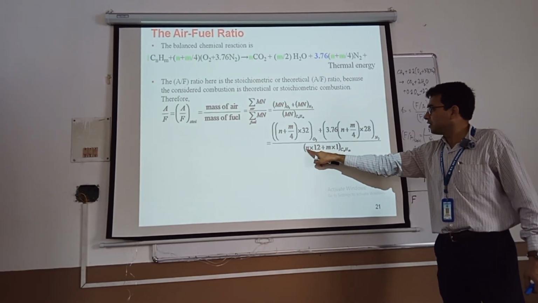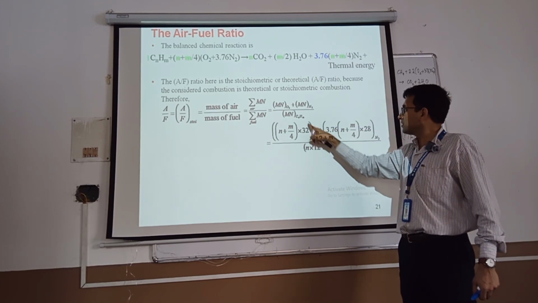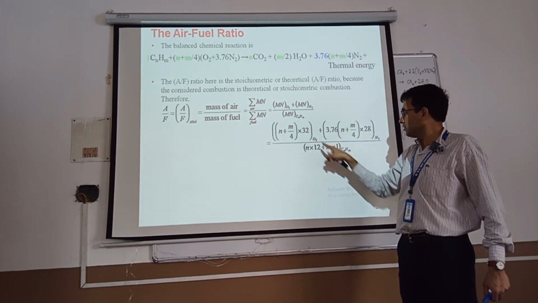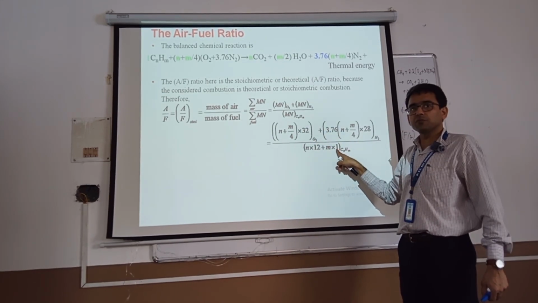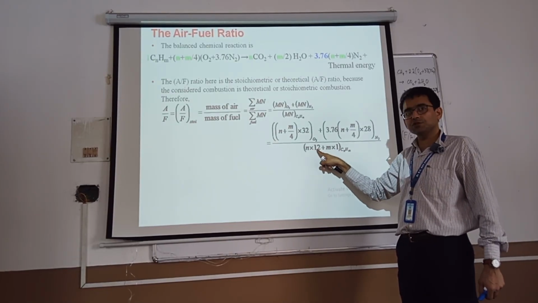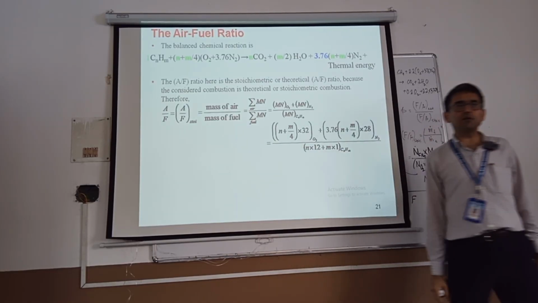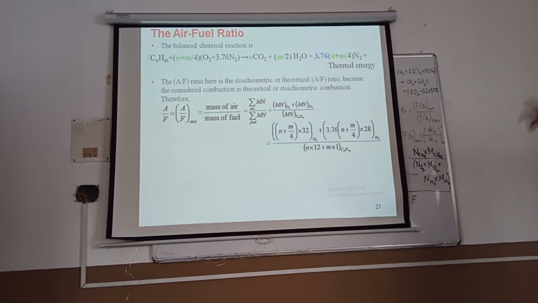What is that? 12 into n plus m hydrogen multiplied by 1, because atomic mass of hydrogen is 1 and atomic mass of carbon is 12. Okay, is it clear? So this is called CnHm. Clear or not? So simply that is your air fuel ratio.